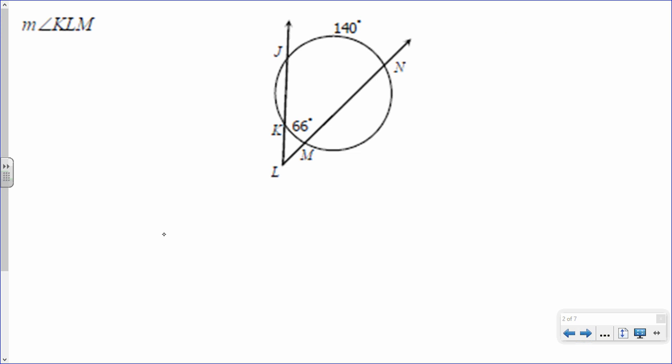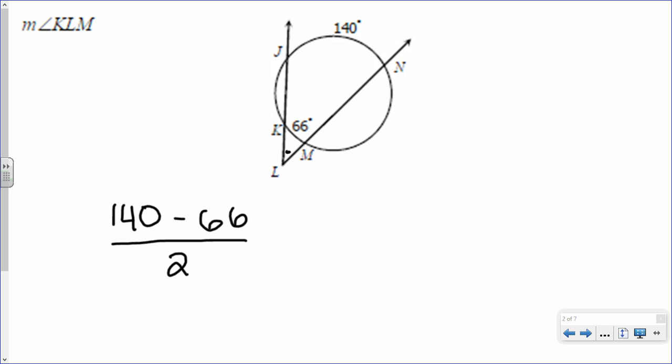Alright, so the first one is we want to find the measure of angle KLM. So KLM, again, is this angle here. It's the exterior angle. So we want to do the big arc, which is 140 degrees, minus the measure of the smaller arc, and divide that by 2.